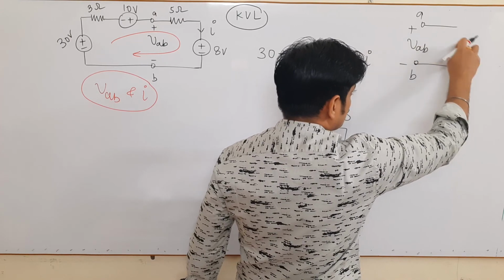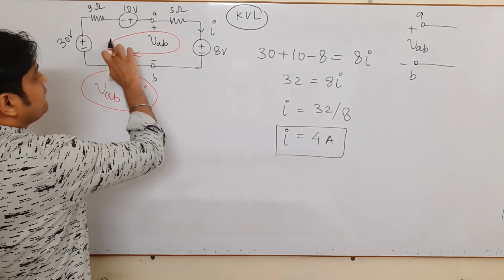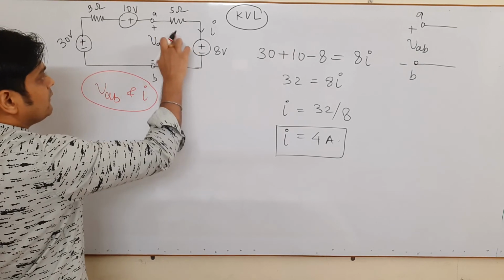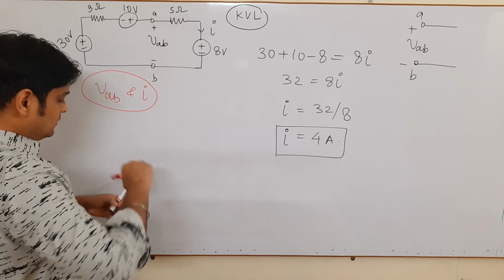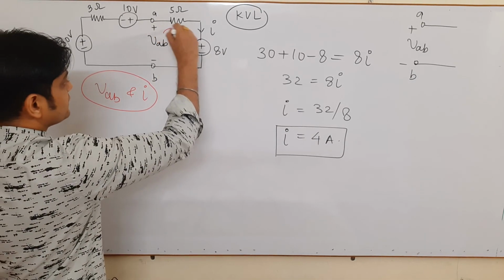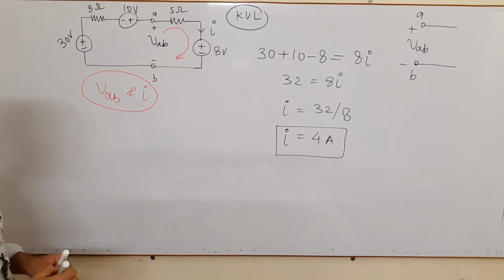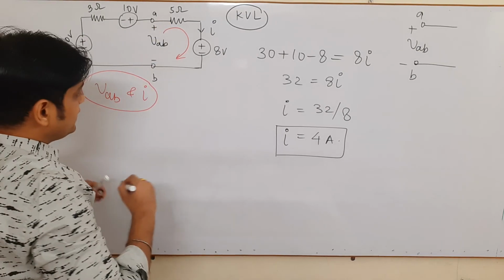This voltage is known as open circuit voltage and we call it VAB. So when we are finding the value of VAB here, I am applying this loop in this fashion. Yes, you can apply it to find the value of VAB. So what is the voltage which is present here?